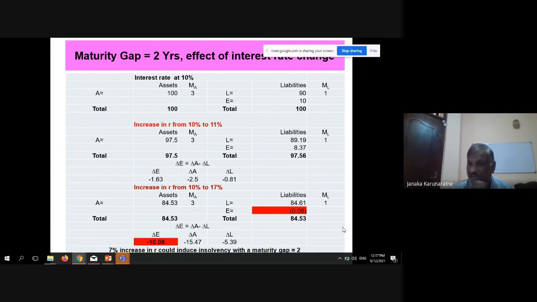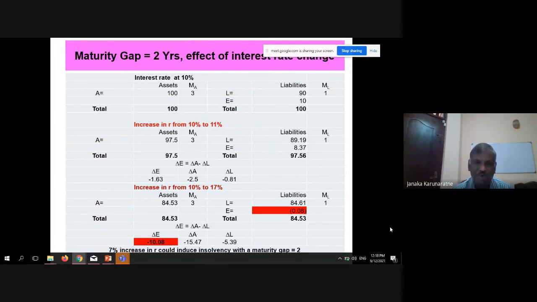Here the interest rate rise only resulted in the loss. The rise resulted in the loss and has led the bank to bankruptcy. So this is the danger of interest rate risk if not managed properly.